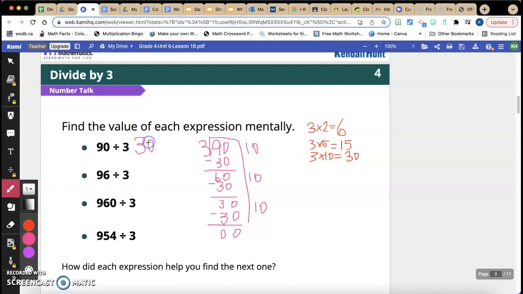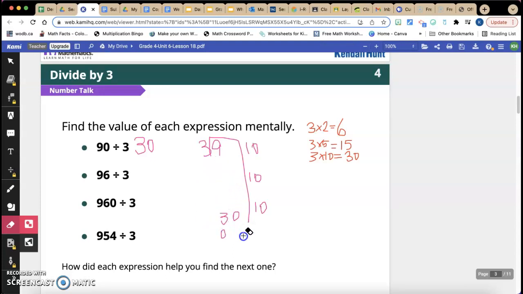So I wonder if I could use what I already know about 90, if I have 96, to help me get my answer. So Ms. Hoag's going to go through and do some erasing on hers. You do not have to erase on yours. I just need the room.